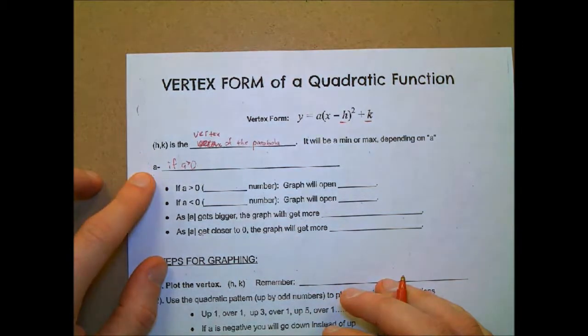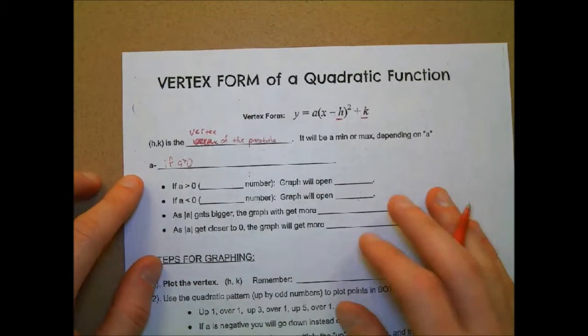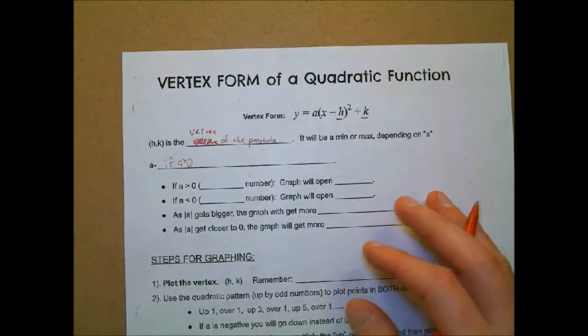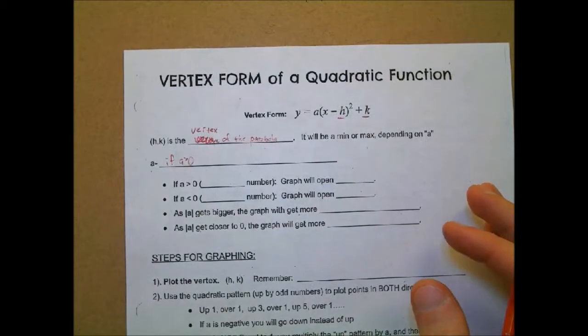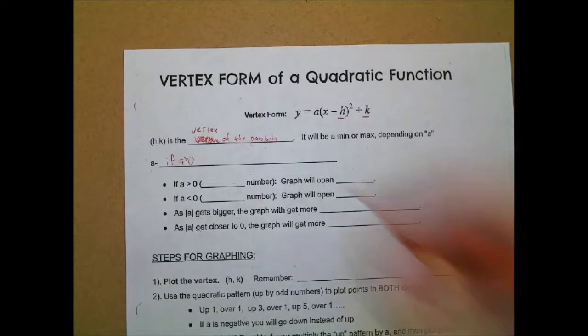Will that vertex be a maximum or a minimum? If A is greater than 0, it's positive, so we're going to open up, concave up. So is it a minimum or a maximum? Minimum.